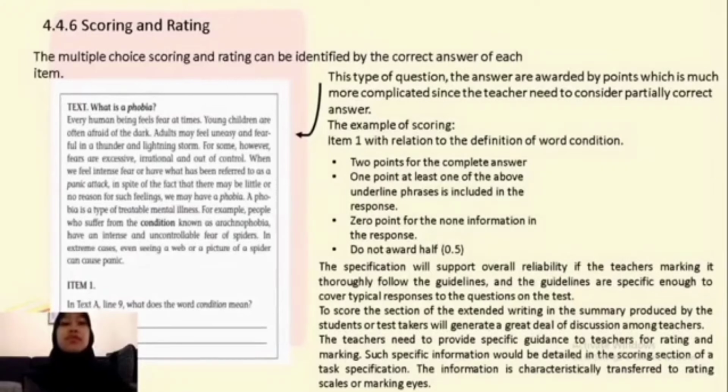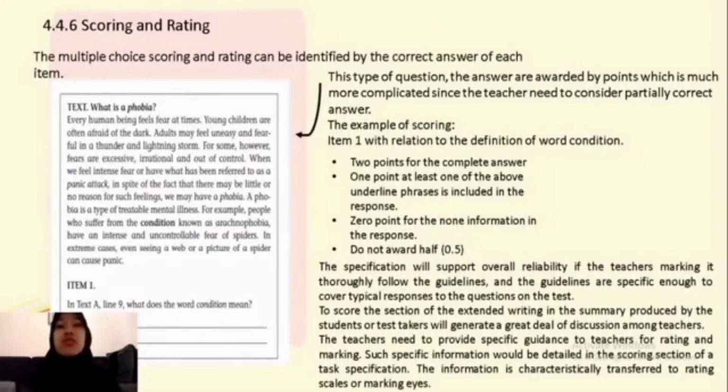Well, the multiple choice scoring and rating can be identified by the correct answer for each item. For the type of question beside in the pictures, the answers are awarded by points, which is much more complicated since the teachers need to consider partially correct answers. The example of scoring: item 1 with relation to the definition of the word condition.